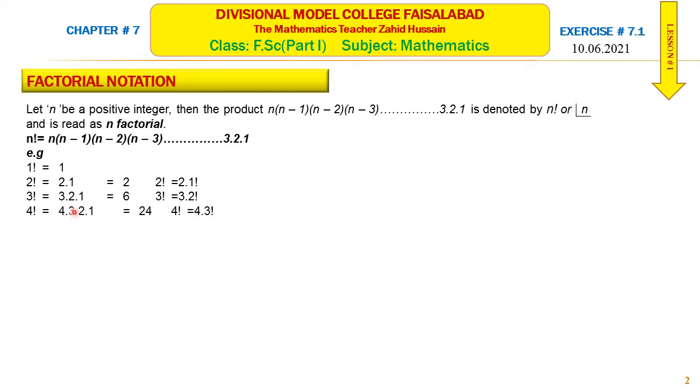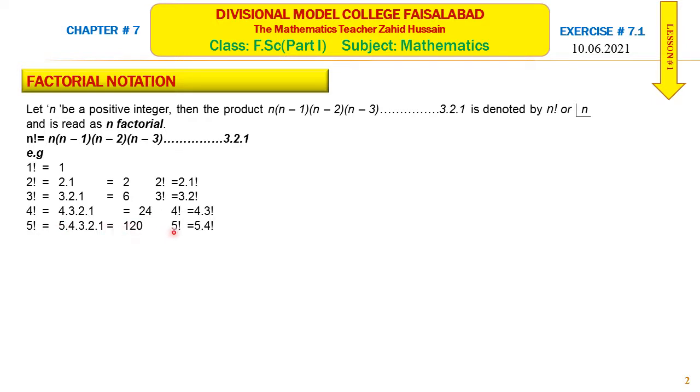4 factorial means the product of 4, 3 to 1. This is equal to 24, or 4 factorial can be written as 4 multiplied by 3 factorial, or 4 multiplied by 3 multiplied by 2 factorial. 5 factorial is the product of 5, 4, 3 to 1.